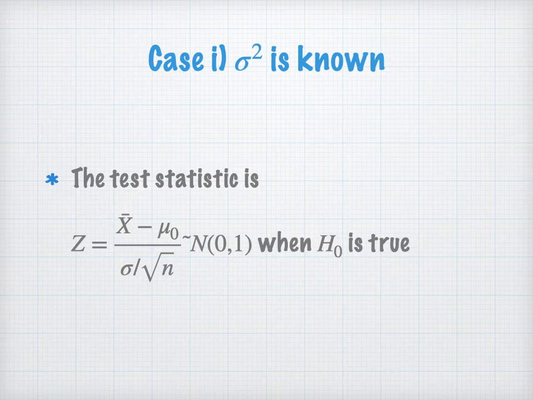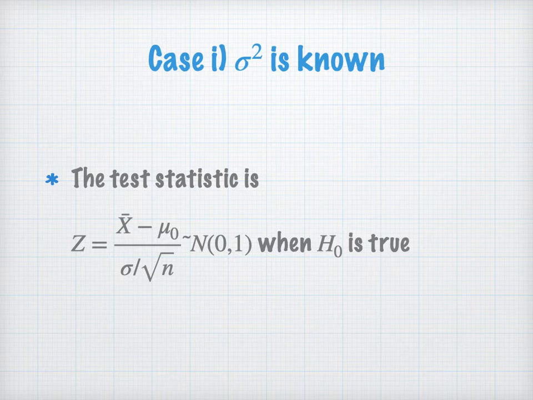So there is only one parameter that is unknown, that is the mean. In that case, the test statistic, or the function on which we base our decision, is z equal to x bar minus mu naught divided by sigma by root n. x bar can be considered an unbiased estimator for the mean, and it is considered one of the best estimators. Depending on this fact, we define the test statistic z equal to x bar minus mu naught divided by sigma by root n.